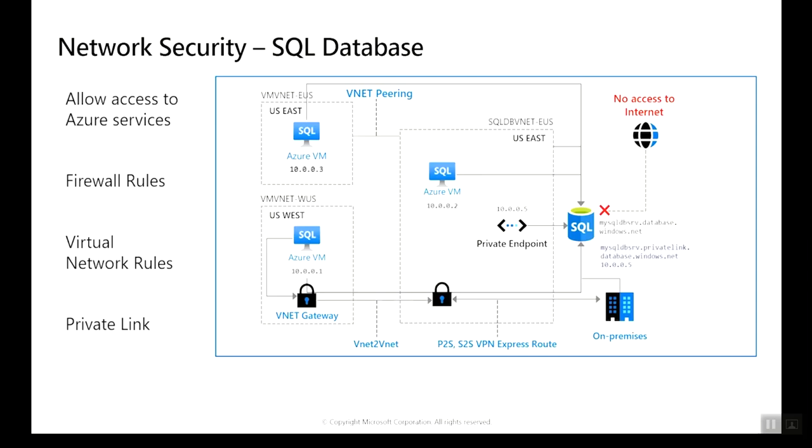So this setup allows our on-premises environment to connect to our Azure SQL databases running in Azure over that private IP address space. We can also use VNet peering to pair multiple virtual networks together so that essentially we can treat them like one, and so that resources can communicate with one another over that private IP address space as well.